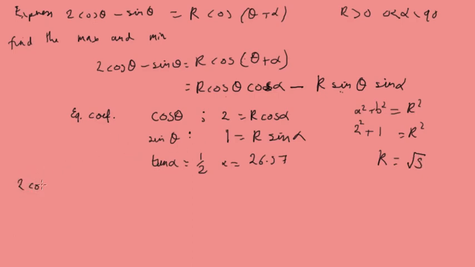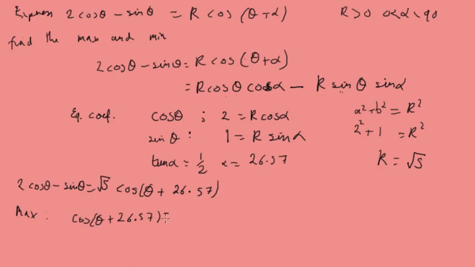Hence 2 cosine theta minus sine theta is going to be equal to the square root of 5 cosine theta plus 26.57. Now the maximum is going to occur when cosine theta plus 26.57 equals 1. So cosine is equal to 1 at 360.